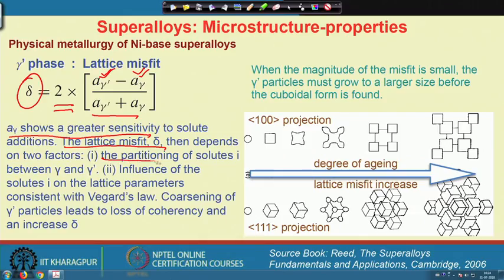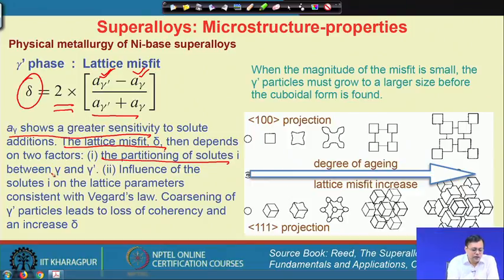So, it will prefer either to go to the gamma nickel phase or to the gamma prime phase. So, the partitioning of the solute between the gamma nickel and gamma prime phase. Now, the influence of a particular solute on the lattice parameter is defined by Vegard's law, that is, how the concentration of the other alloying element changes the lattice parameter, which basically explains Vegard's law.